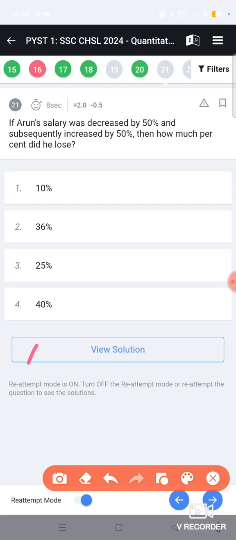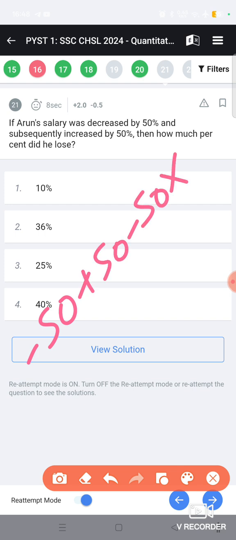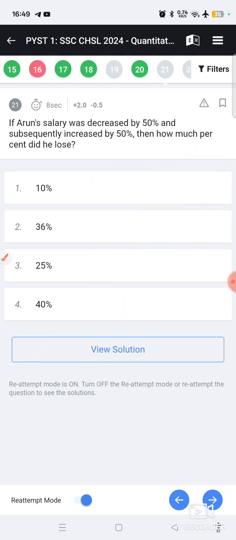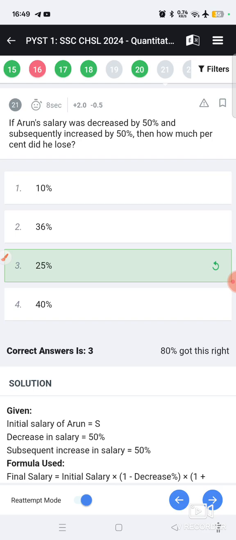Firstly, decrease means minus 50, and then plus 50 plus minus 50 into 50 divided by 100. Minus 25. Okay, good.